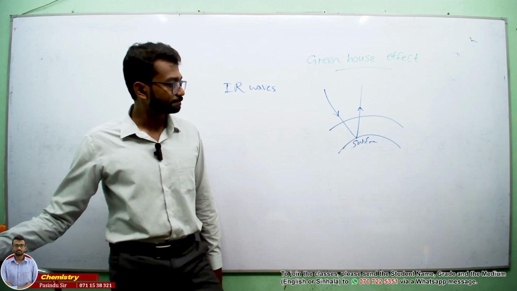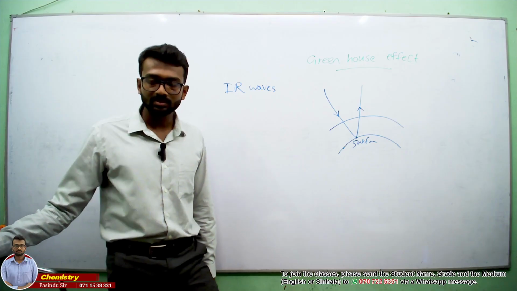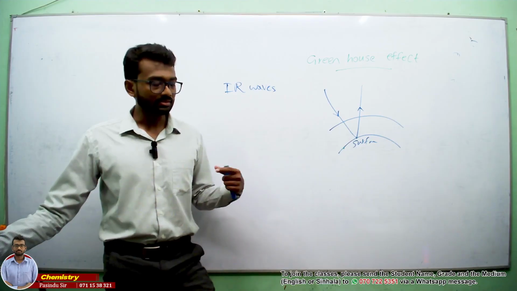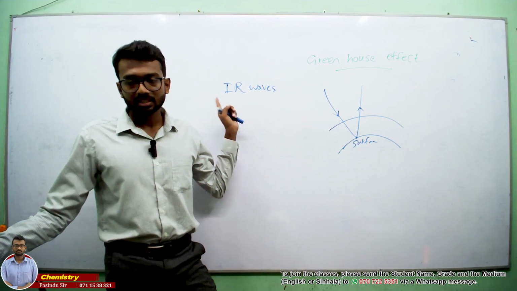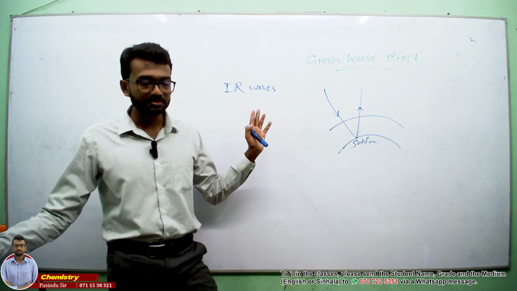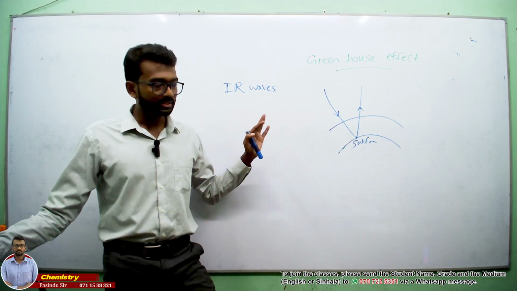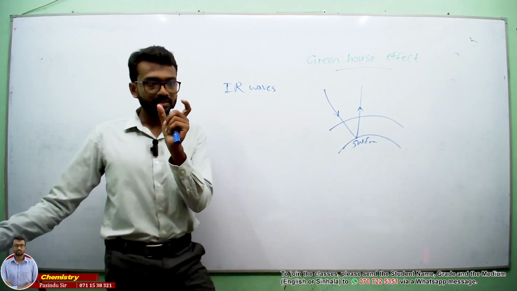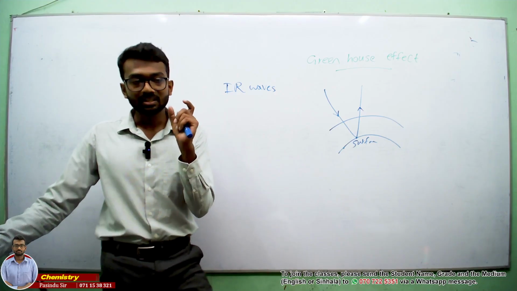Then the problem here: our sun doesn't release a huge amount of infrared radiation. Its main emission is spread around the UV range and visible light.